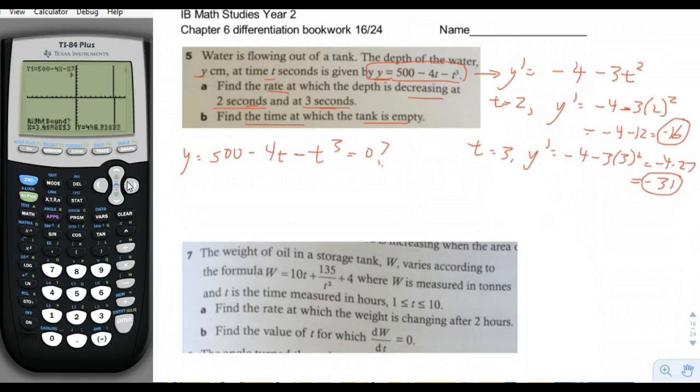Go way to the right. Can't even see where it is. Okay, there we go. So the answer is t equals 7.77. And not much way to find that besides the calculator.